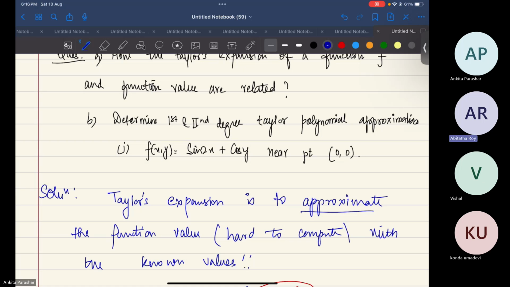Degree 1 is the first term, and degree 2 is the second term, which contains the second degree derivatives. So the first derivative and second derivative give you degree 1 and degree 2.